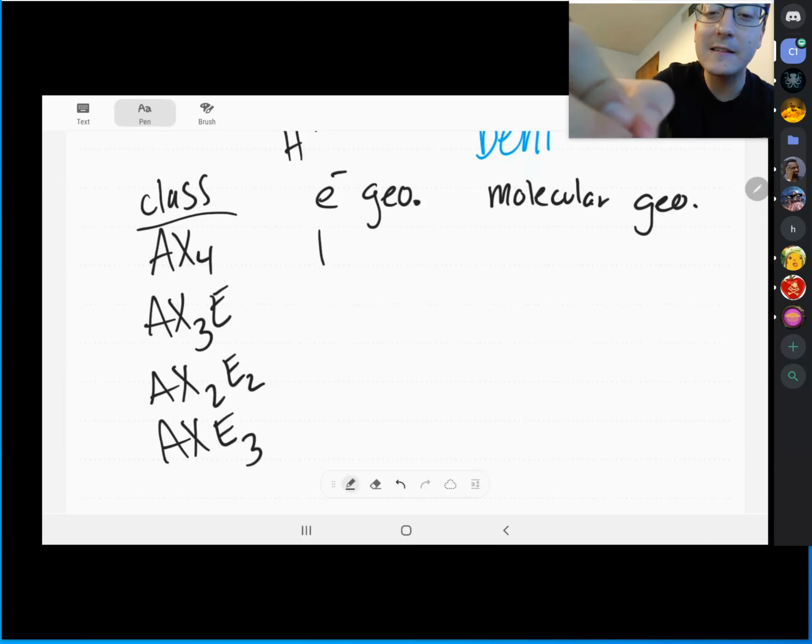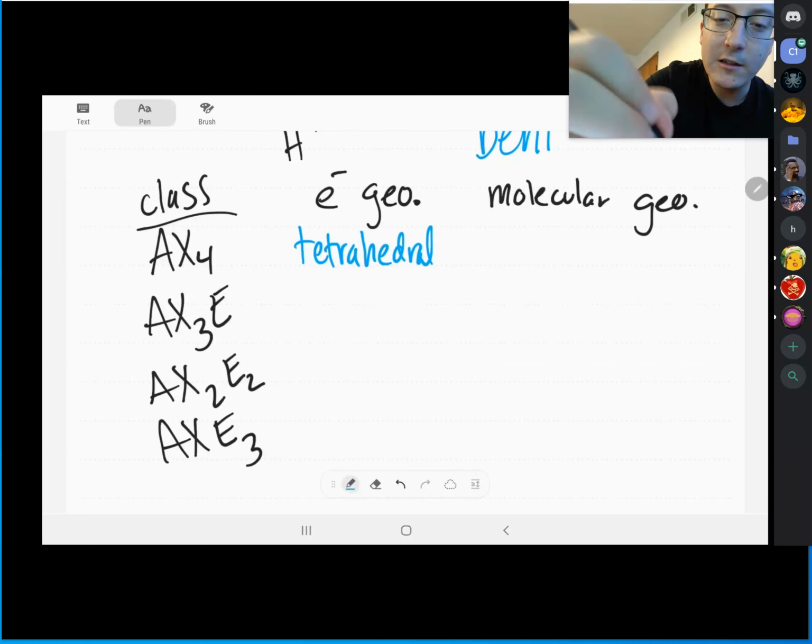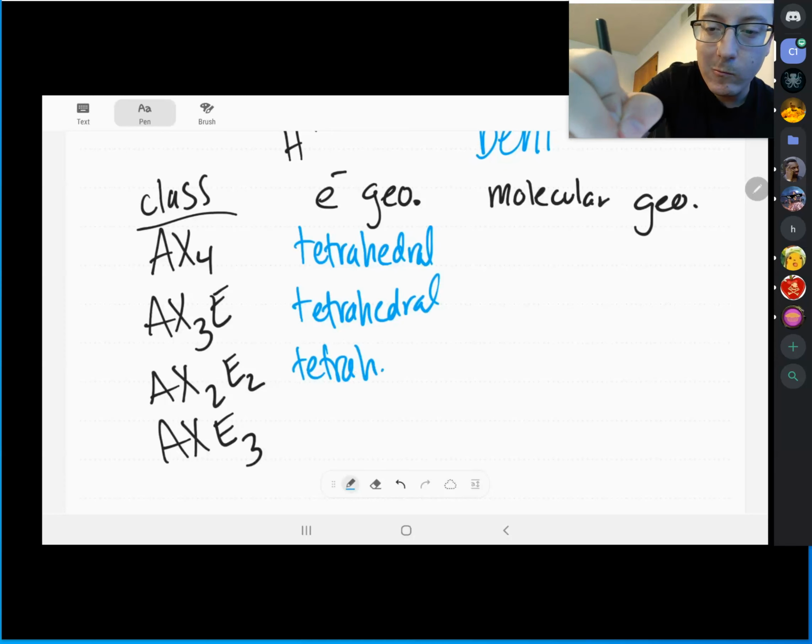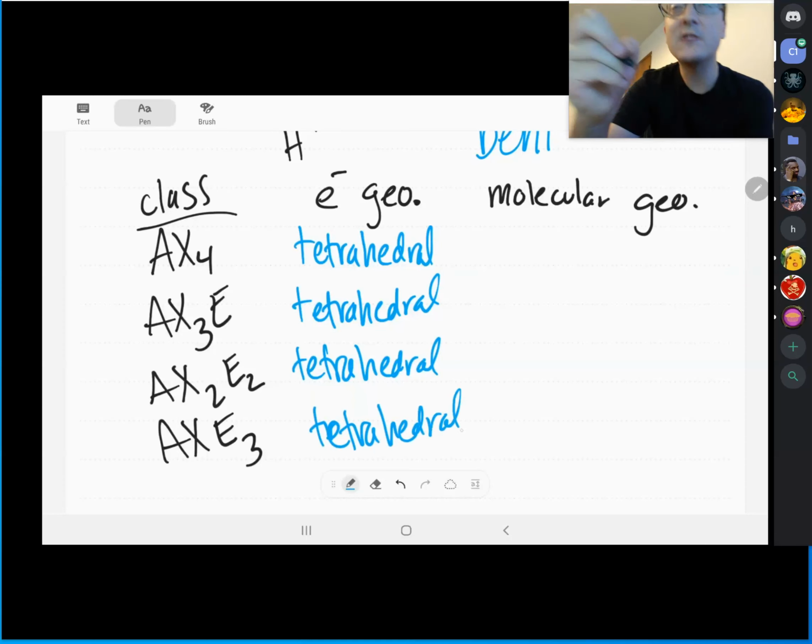So all of these will be tetrahedral, because they all have 4 electron domains. Tetrahedral is the spinning shape that we saw up there.